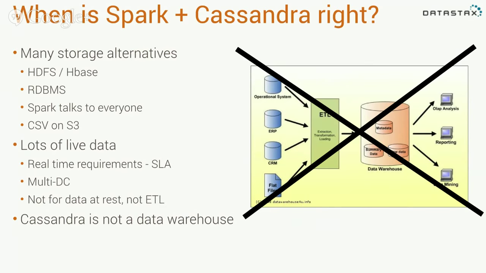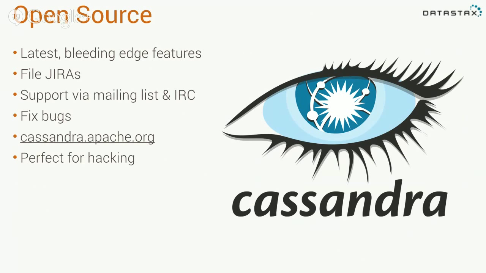So you've got two options when getting started with Cassandra, and Spark for that matter. You can go open source. I don't know how many of you like to tinker around in the internals of databases. I'm one of those guys. I actually find it to be really fun, and I know that's kind of weird. I like bleeding edge stuff.